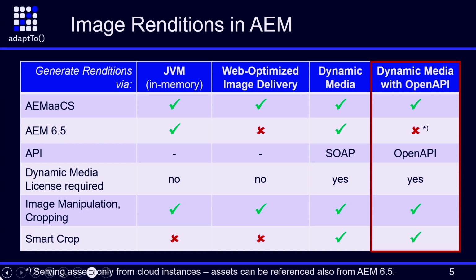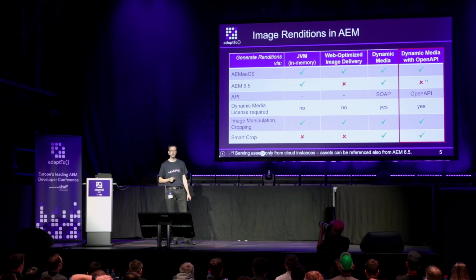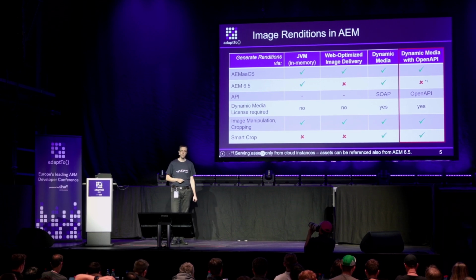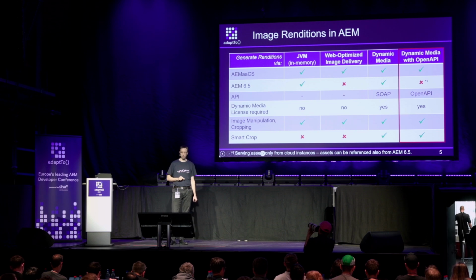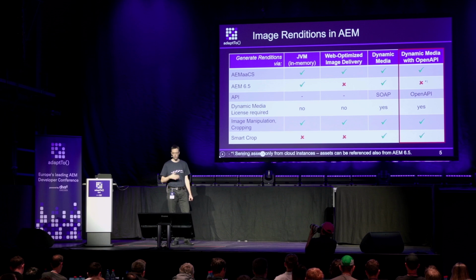And then you get the same features as the in-memory rendered renditions with simple image manipulation like cropping and width and height and so on. And different resolutions, but rendered on the edge. And this is, of course, far more efficient and also cached on the CDN level.